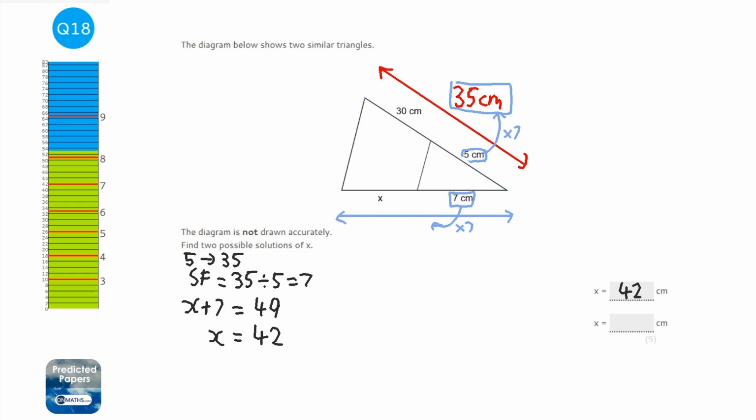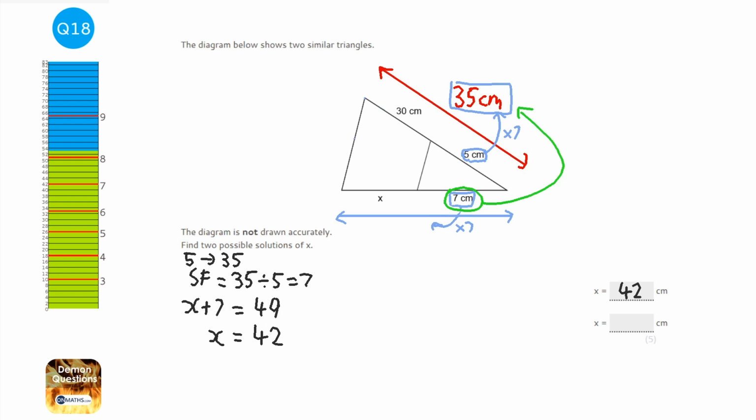And we're used to questions where it does, because normally we know that these two here are parallel and therefore it definitely would. But there's nothing in the question that says these two are parallel. So it could be that this 7 centimetres here is the one that corresponds with the 35 centimetres here.